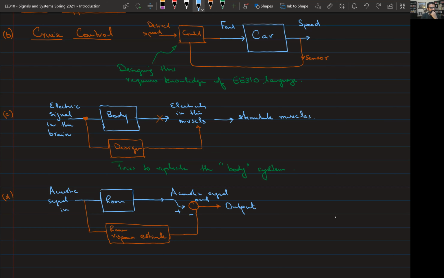What would I be able to achieve? This is an application that people work on and have been able to demonstrate. What do you think? This could be a quiet zone.